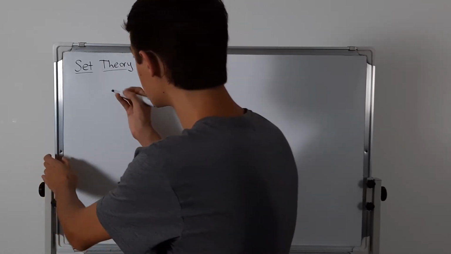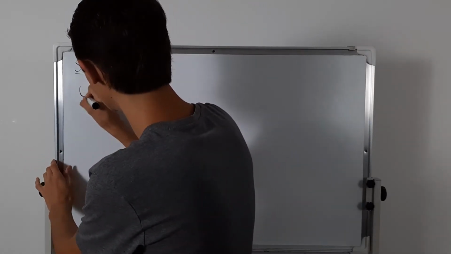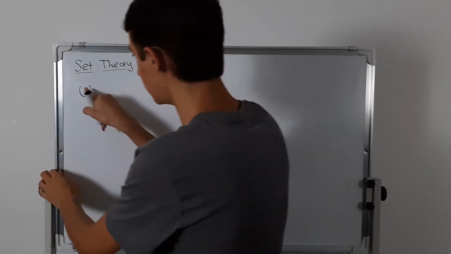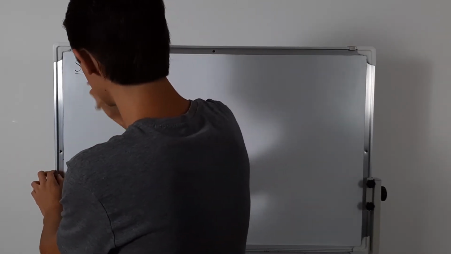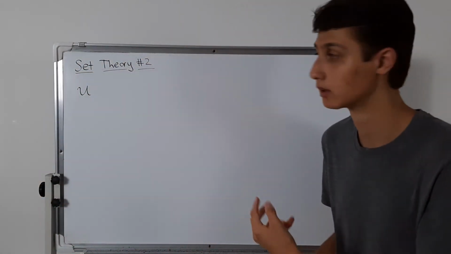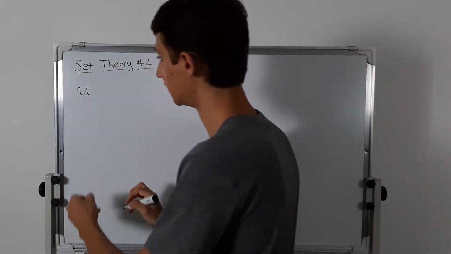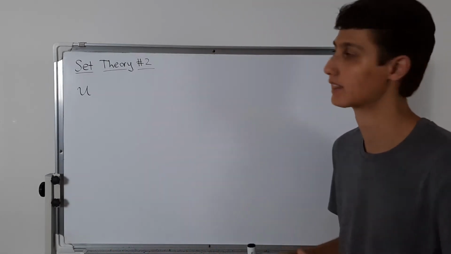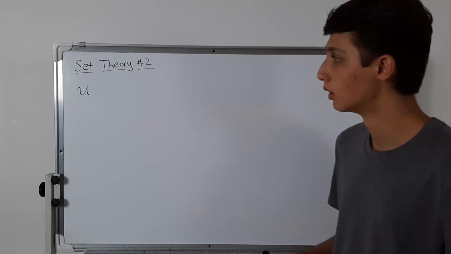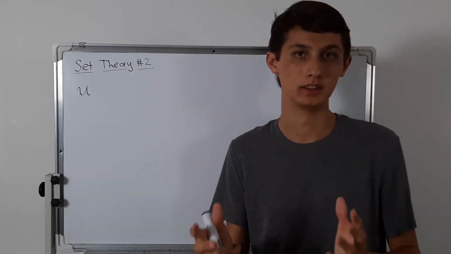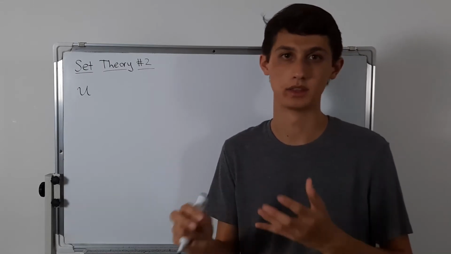So a universal set, typically it's denoted U, or sometimes there's the double stroke U, but I'm just going to call it U like that, okay? So the universal set is basically the universe that you live in, that you're considering with the other sets.